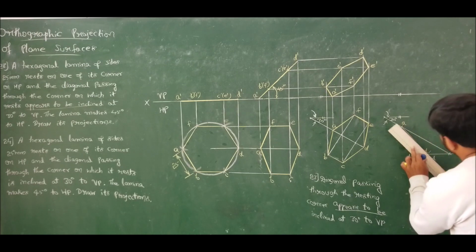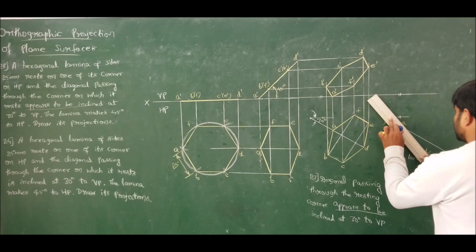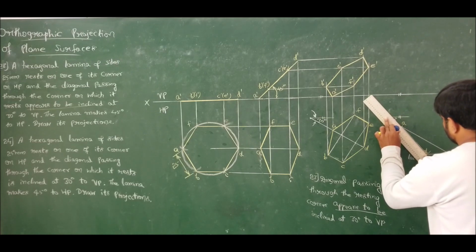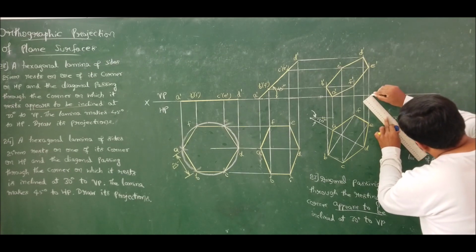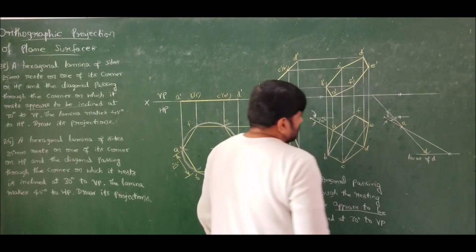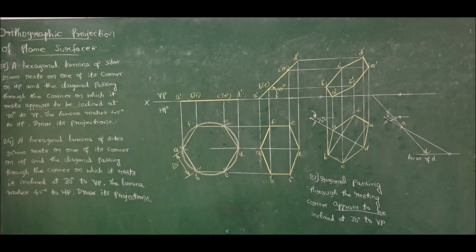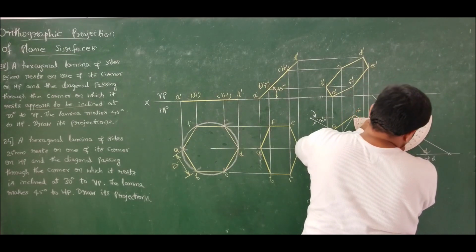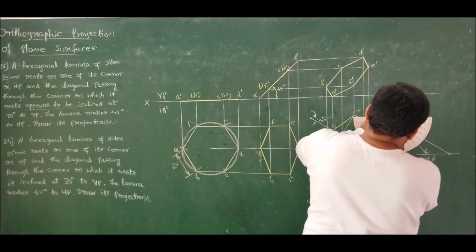Joined. Now extend AD back to measure the beta angle. Extended AD back. Now if I measure beta, I am getting the beta angle as 44 degrees.